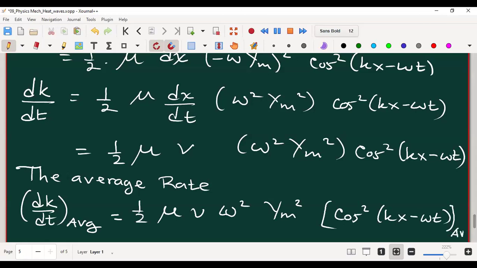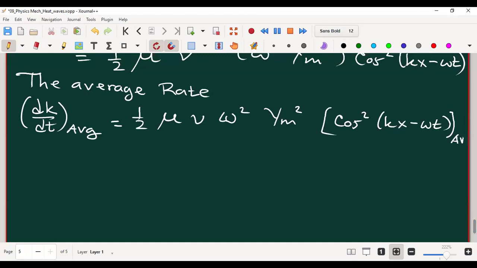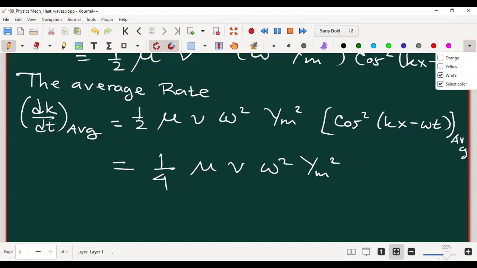Okay, do you know what is the average value of cos? Cos squared and sin squared average is half. So this one becomes half times half, which becomes 1/4. So this one becomes 1/4 mu v omega squared ym squared, because the average of cos squared is half.